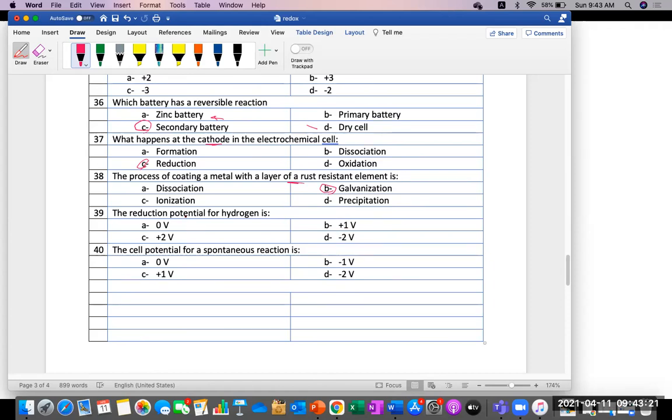The reduction potential for hydrogen is 0, which is called the standard. If the cell potential is spontaneous, it will be a positive value, so it will be C.